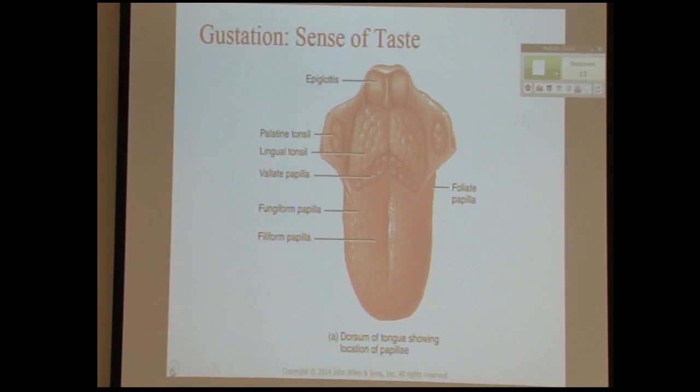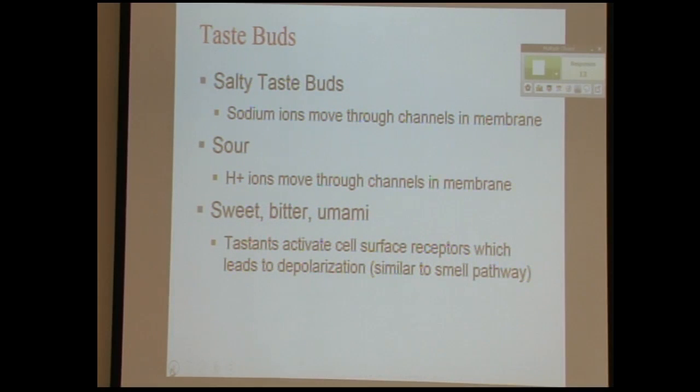All right, so there's the different areas we talked about. You did on your quiz. And it's kind of interesting. So your taste buds, they don't work quite like the olfaction in terms of how they start an action potential.